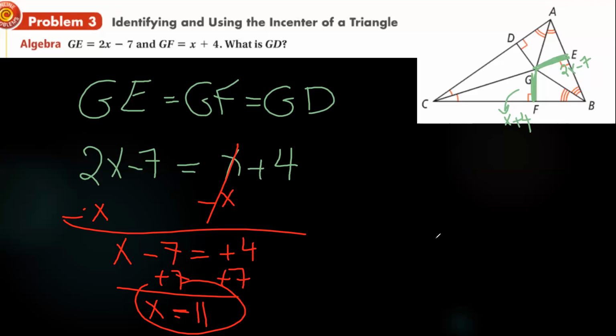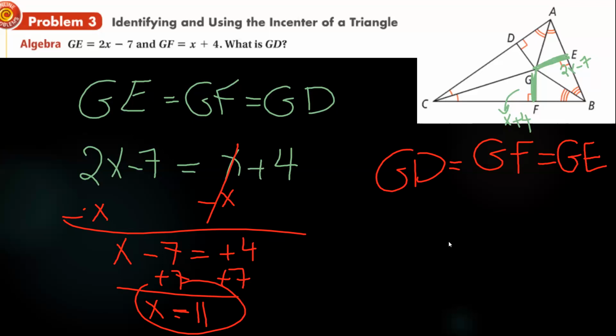Now I found x, but x is not the length of GD. The length of GD will be the length of GF or the length of GE. So I need to find the length of GF or GE in order to find the length of GD. What is the length of GF?